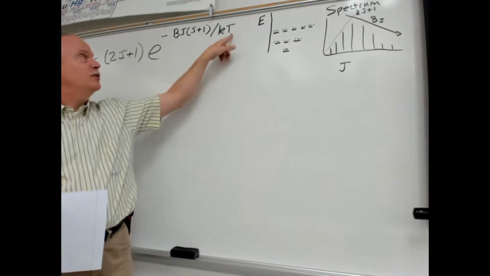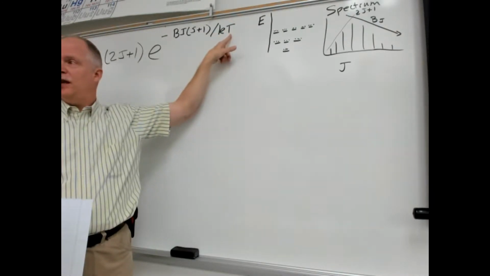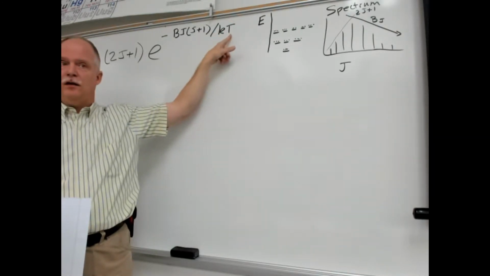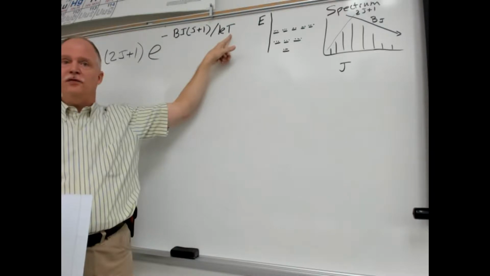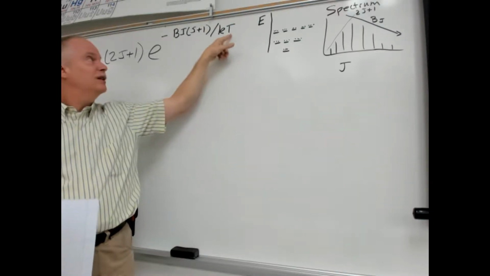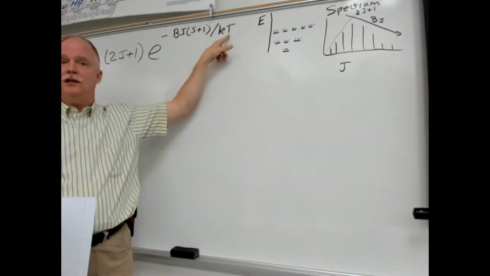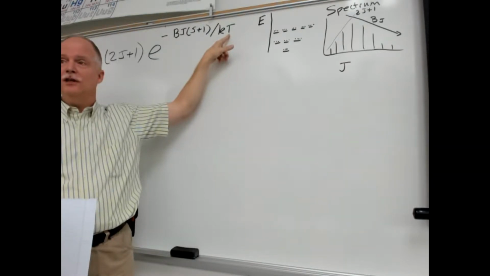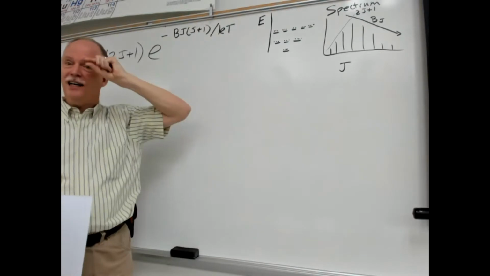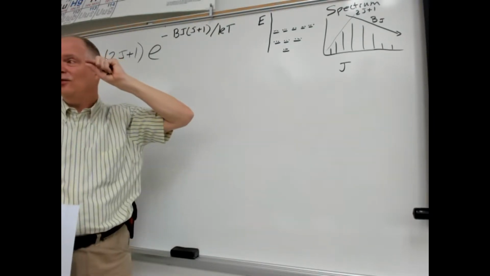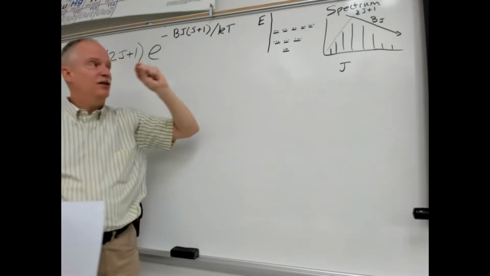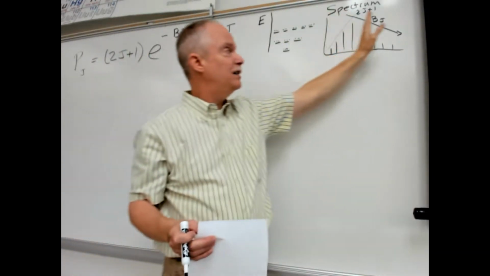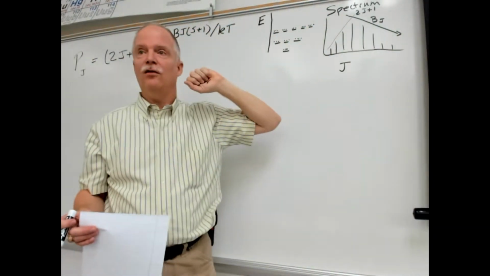So what if temperature goes to 0? Let's just look at that really quickly. If temperature goes to 0, this fraction explodes, doesn't it? So it's e to the minus huge. That's a tiny, tiny, tiny thing. Essentially it's 0. And so the probability of all these excited states goes to 0.